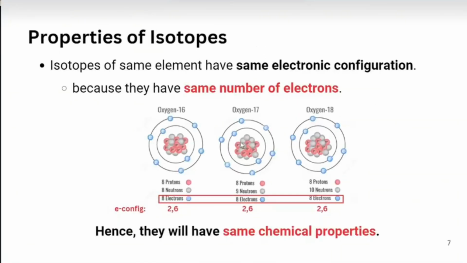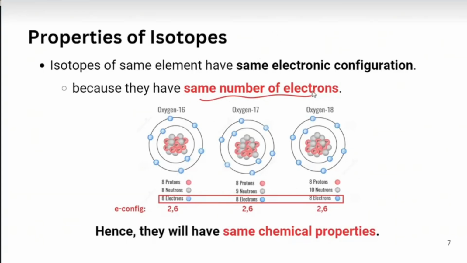So what is the property of isotopes? Alright, recall that an isotope is an atom of the same element. They have different numbers of neutrons. Since they are the same element, they have the same number of electrons. Right? Just the number of neutrons is different. The electrons are still the same because they are the same element, right? Oxygen, for example.